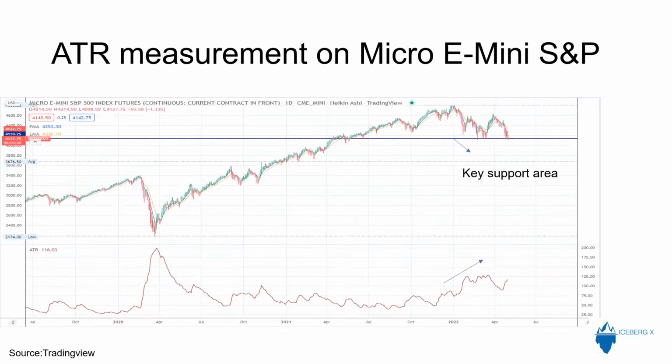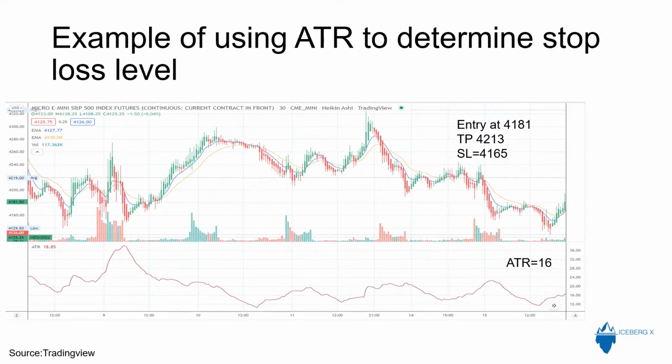So one of the ways is to use ATR to set your stop loss level. Just an example on a Micro E-mini S&P. The ATR value on an intraday basis here is about 16 points. If you use a 2 times multiple of ATR, say there's a very good entry in terms of a setup here, where you can see a bullish crossover as well as green Heiken Ashi candles.